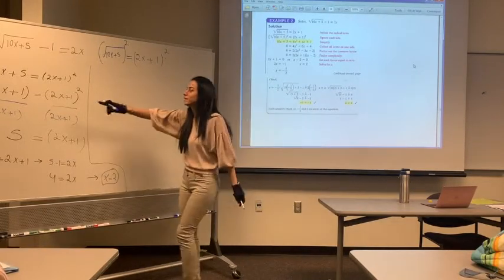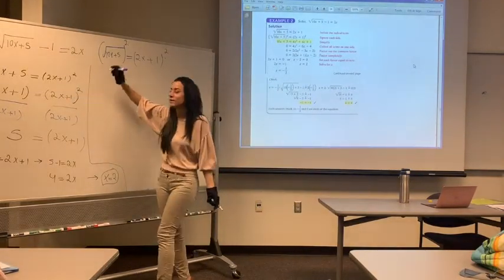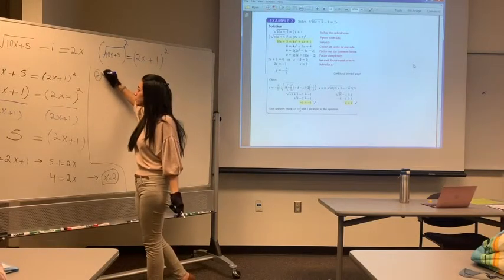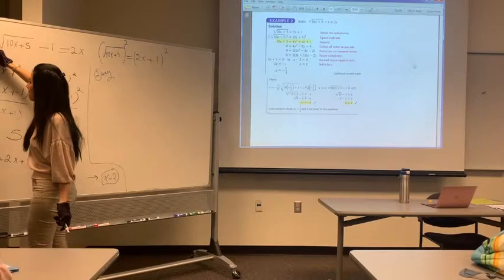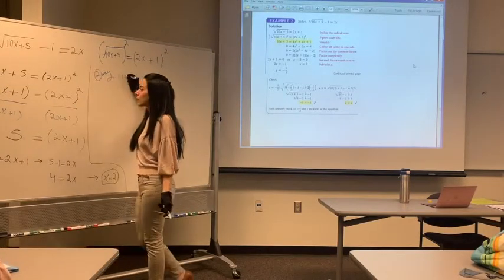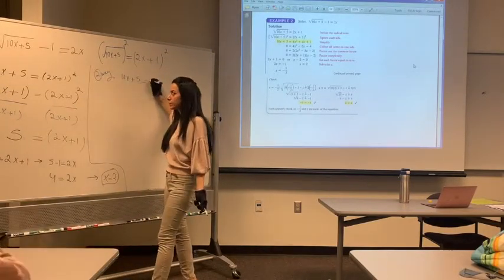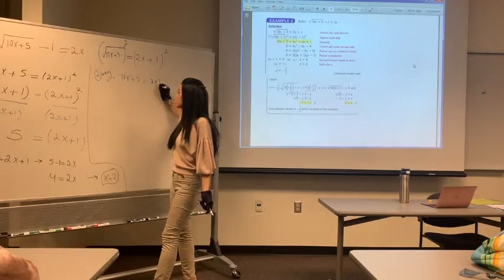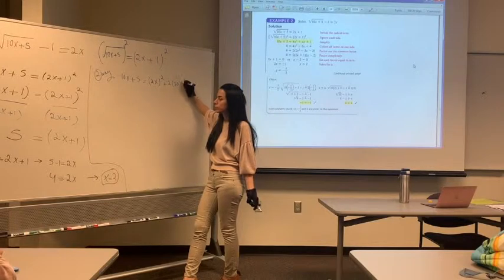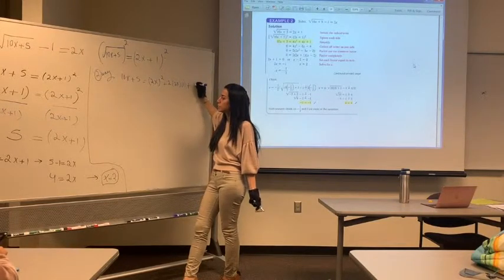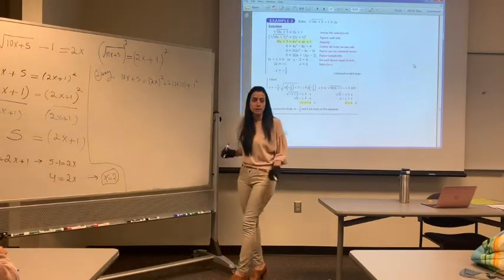But if I didn't see that, how should we solve this? Exactly, we should expand: 2x squared plus 2 times 2x multiplied by 1 plus 1 squared, right?